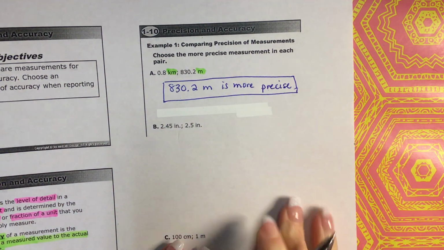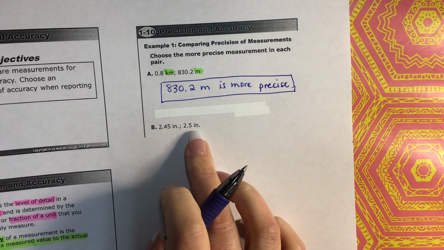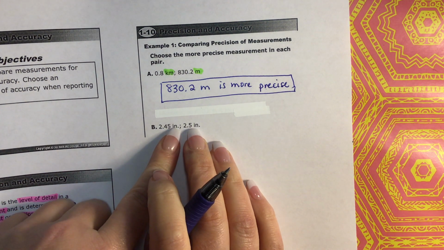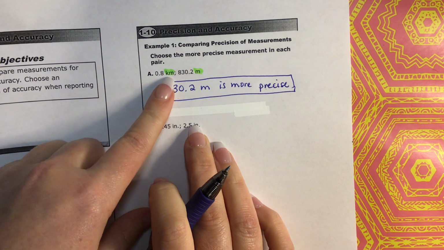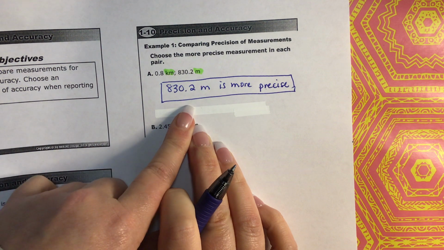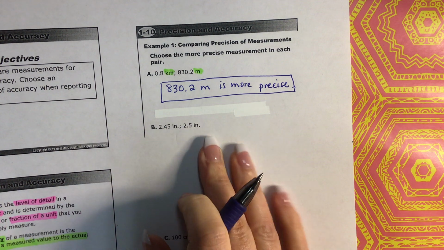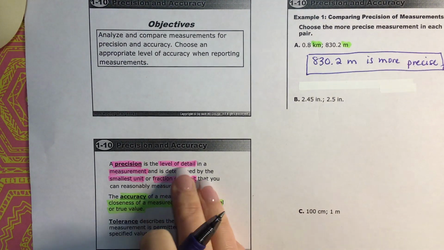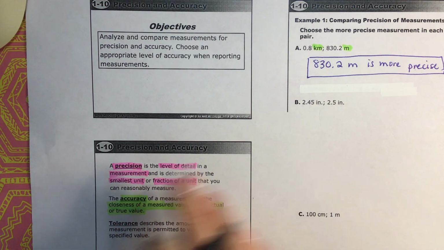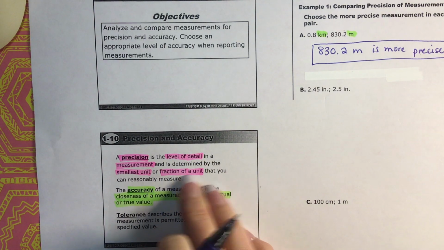Okay, let's go down to B. 2.45 inches or 2.5 inches. This one's a little tricky because they're both in inches, so it's not like kilometers being way bigger than meters. Let's go back to precision: the level of detail in measurement, determined by the smallest unit or fraction of a unit.